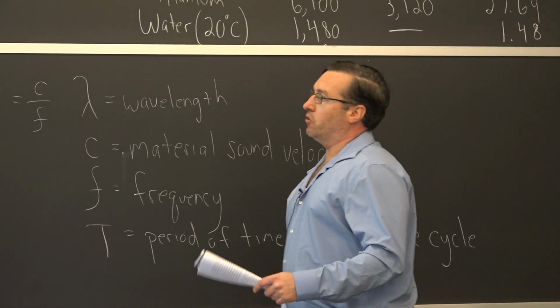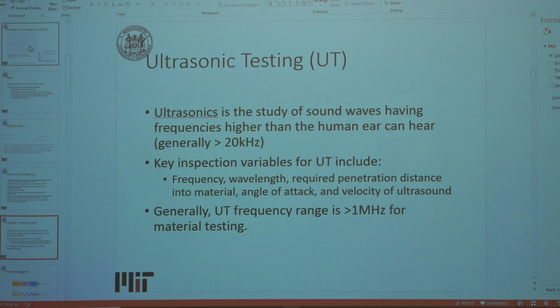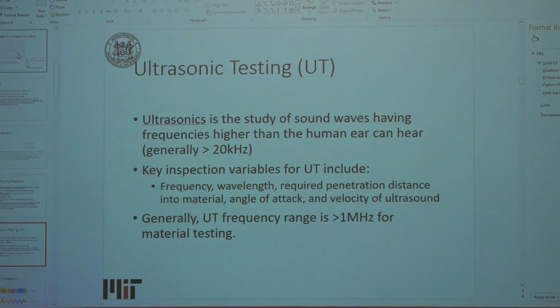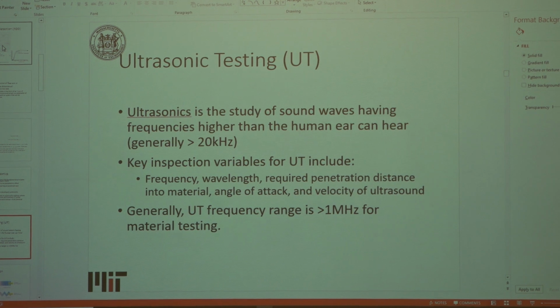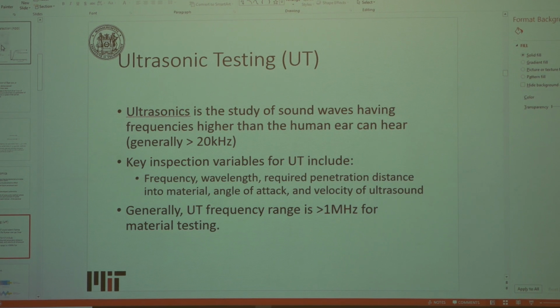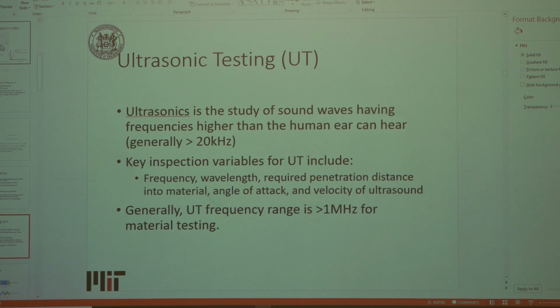When we're talking about ultrasonics, there's three ranges of ultrasonics. Ultrasonics is defined as a frequency higher than what the human ear can hear. Now, just because it's defined that way, that's generally not the frequency used to inspect metallic components.